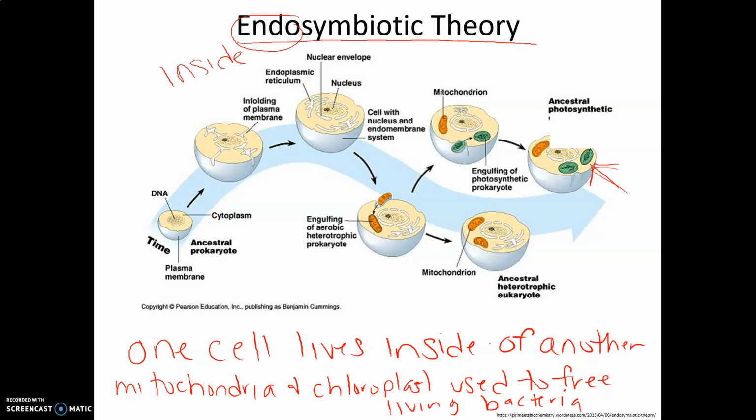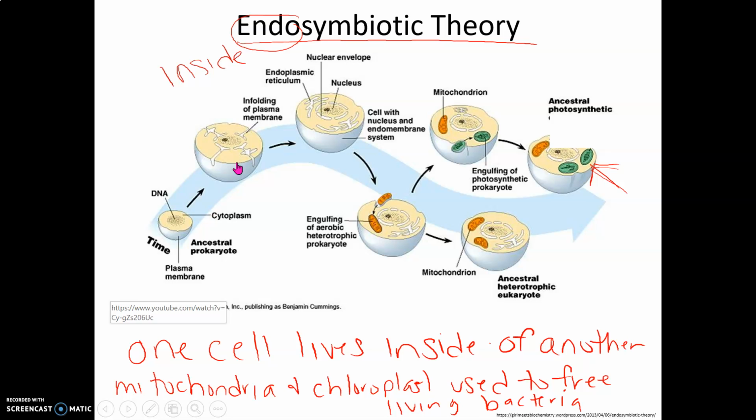So what fanciness happened? There's this endosymbiotic theory that was put forth that has lots of evidence to support it that says, hey, this is how we have organelles. The first thing is one cell lived inside of another. It's hypothesized and supported that mitochondria and chloroplasts used to be bacteria cells.